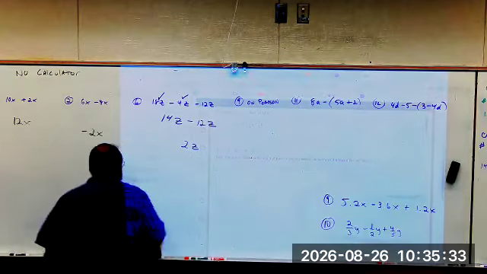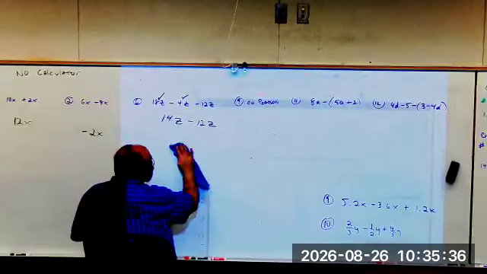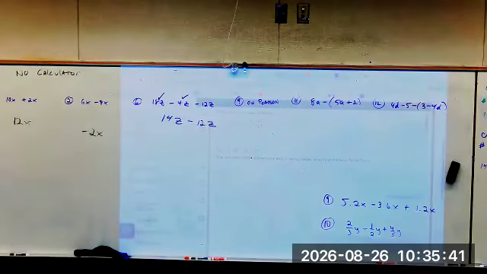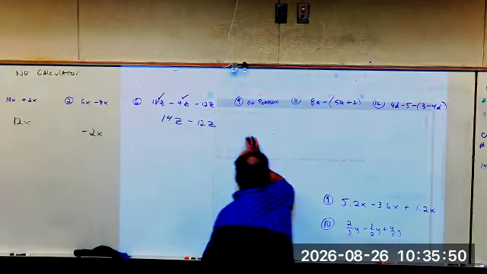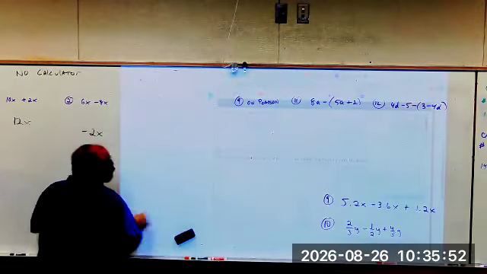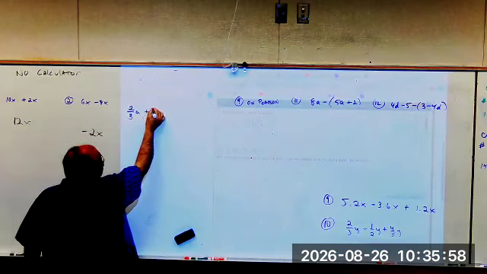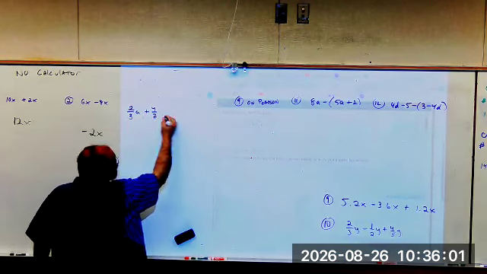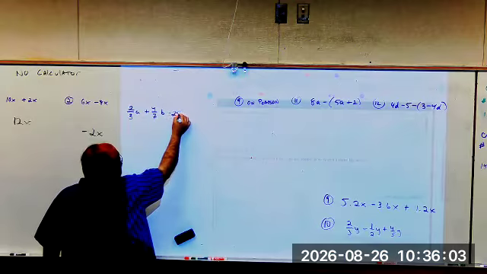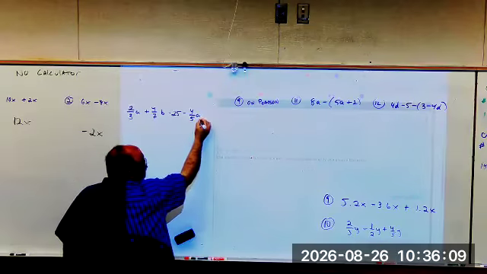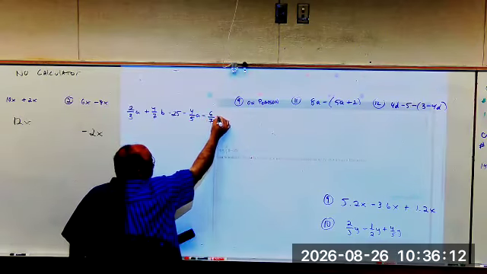So number 9 is 2/3 A plus 4/7 times B minus 25 minus 4/5 times A minus 6/7 times B.